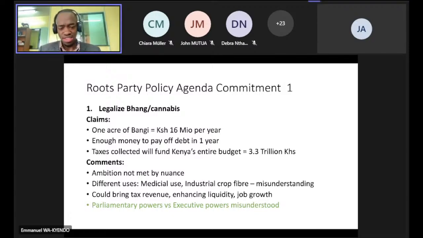Another point on nuance is that the crop from which, say, marijuana comes from has many different uses, and there is a lack of clarity about what exactly the Roots Party wants to do. Are they interested in hemp? Are they interested in the industrial crop fiber? Are they interested in medical uses of the plant?